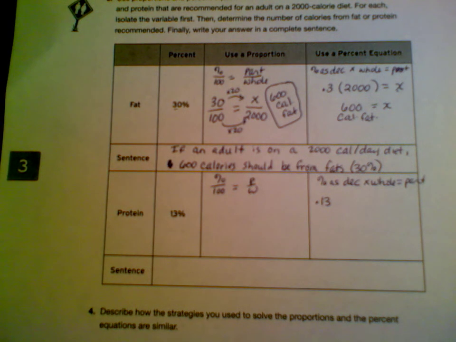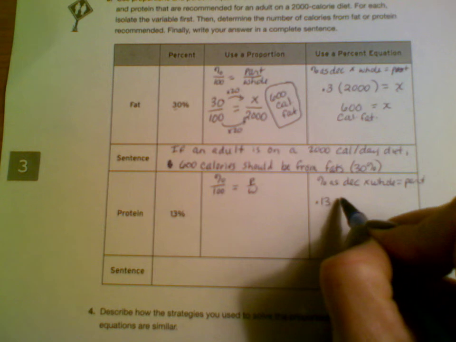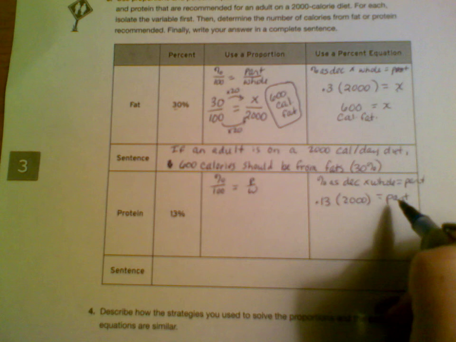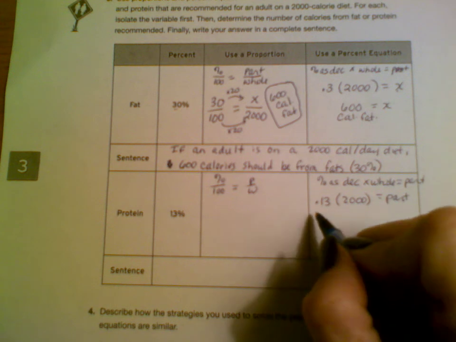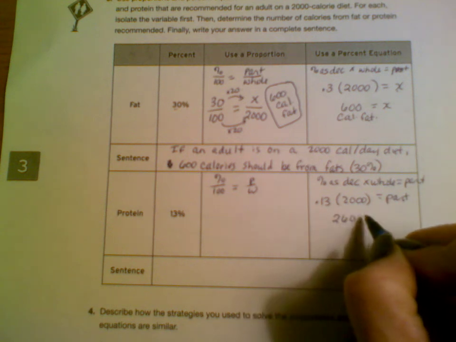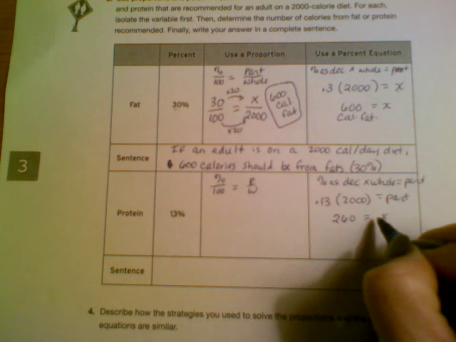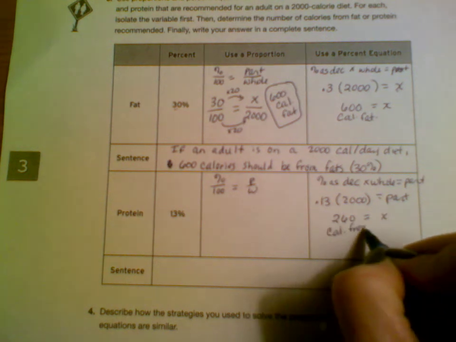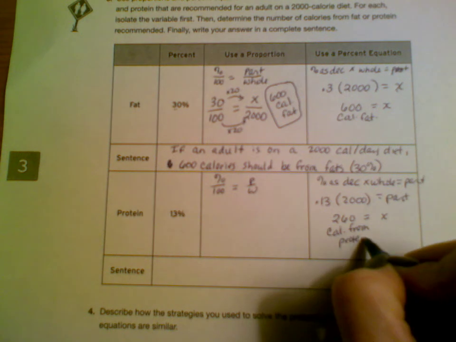And we already said that the whole is a 2,000 calorie a day diet. And that's going to equal my part, which I could call X too. When I multiply these, I get 260 equals my X. So it's 260 calories from protein.